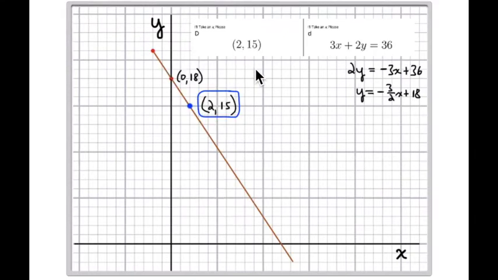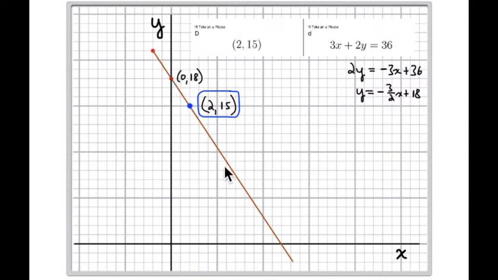So if we place the point that we know already is 2, 15, so you go down here to 0, 0, it's 2, 15. We already placed the y-intercept. You could go 2 units in the negative direction, up 3 units to get 1 more point. So this is negative 2, positive 3.